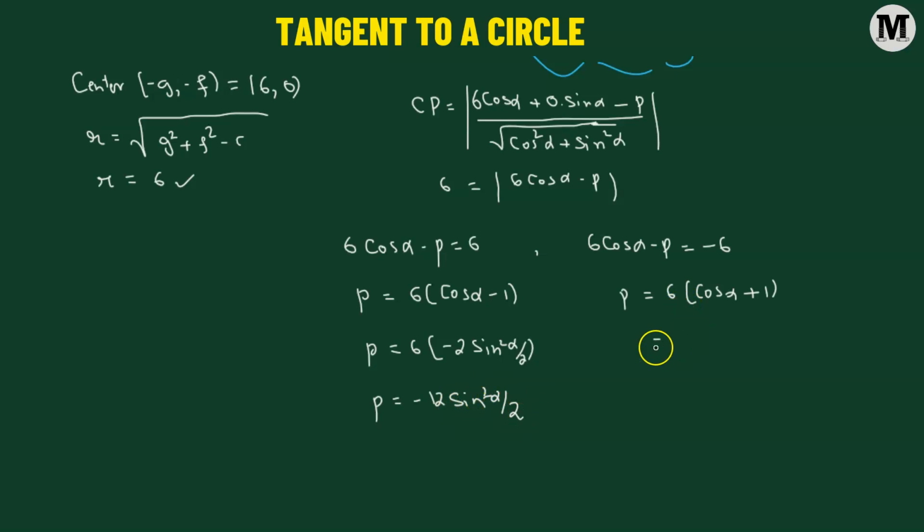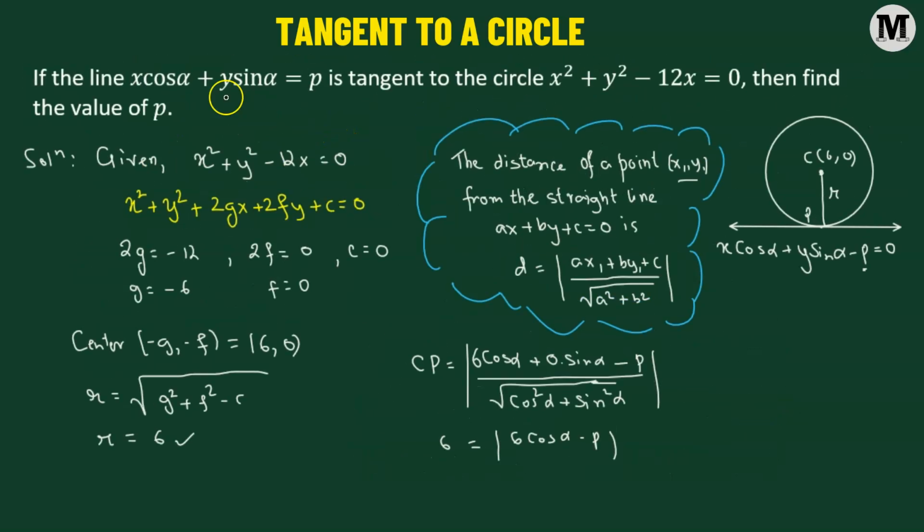And then we have 6 multiplied by cosine alpha plus 1. That's also an identity with the value 2 times cosine squared alpha over 2. So we get 12 cosine squared alpha over 2. So these are the 2 possible values of p whenever the tangent line given by this equation is tangent to the circle.